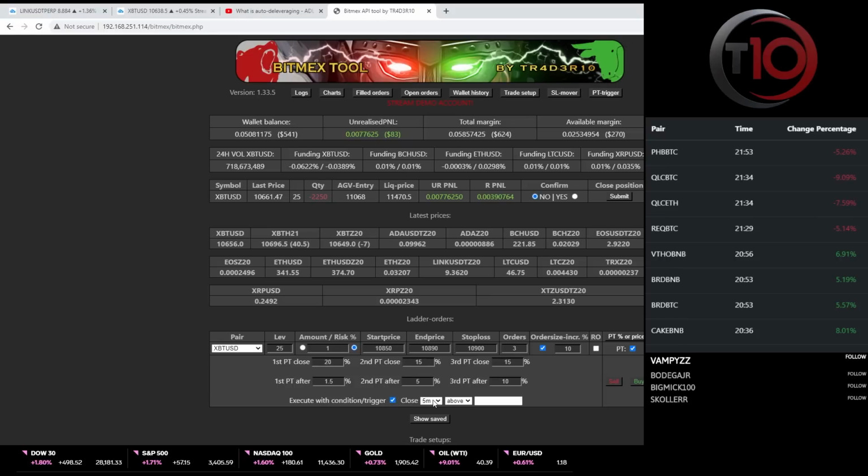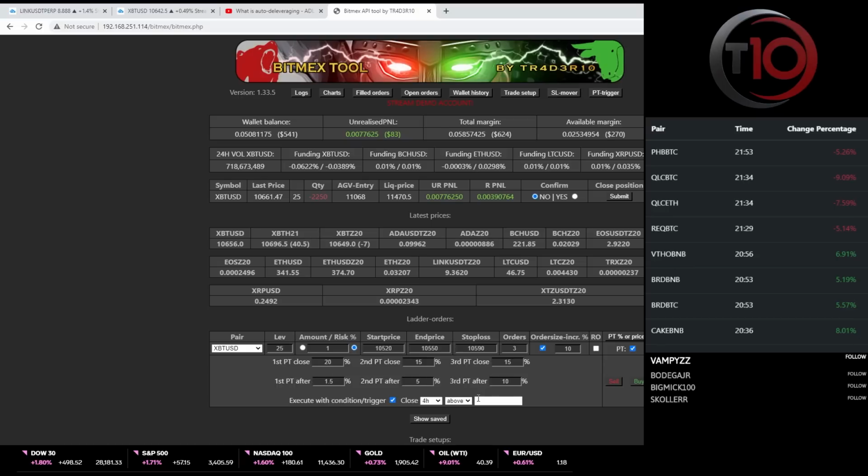So let's say you want to short this, let's do something more likely. 10,520 to 10,550, stop loss 10,590 for short.